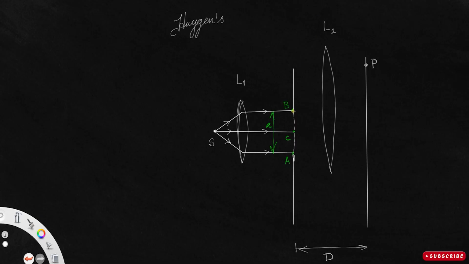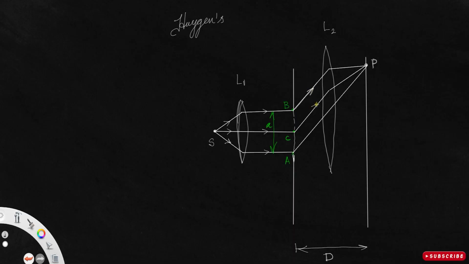So a ray from the point B will move like this and it will reach the point P. Another ray from C also will reach the point P like this, and let me take this ray passing through the optic center so that it will move undeviated.